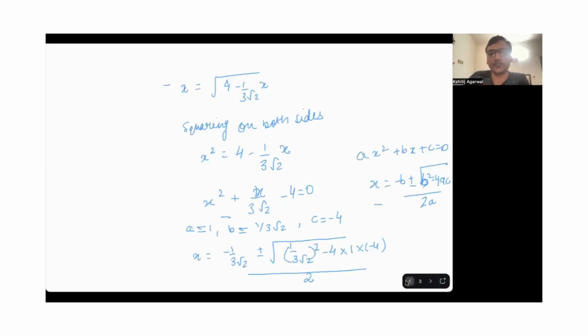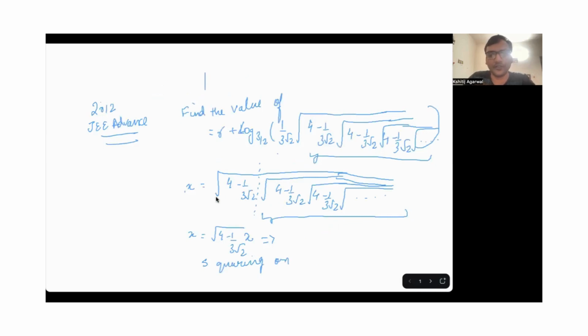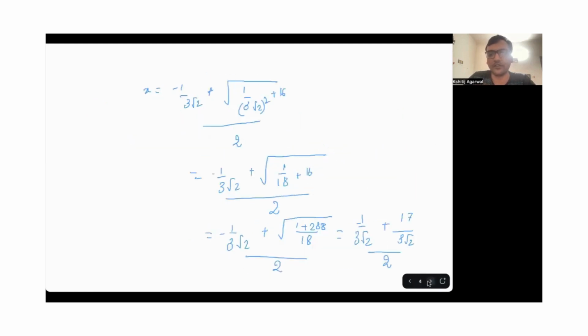This x is the value of this whole expression. Now I'll put this value of x in here and solve the remaining part.